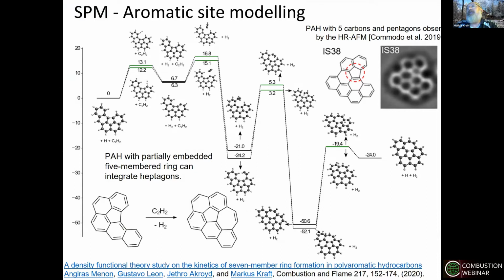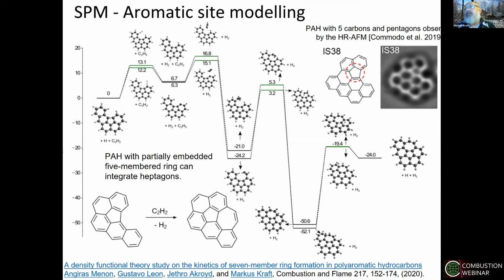Okay, so with that chemical model, we can now look at individual steps. And one of the steps that was of great interest to us was partially embedded 5-member rings and how they can integrate heptagons. Okay, and this is the reaction coordinate for the reaction energy surface that has been produced by my student Angiras, and we then looked at this reaction and formulated it into the kinetic Monte Carlo code.